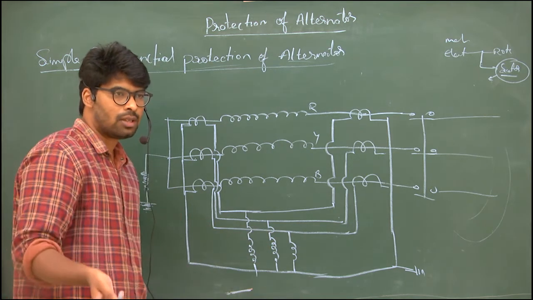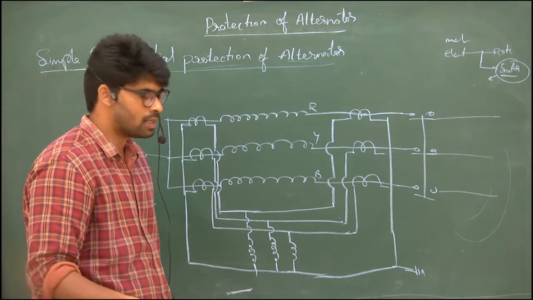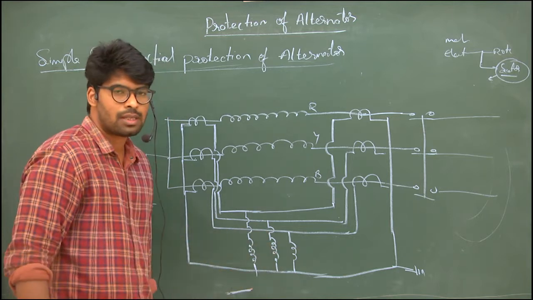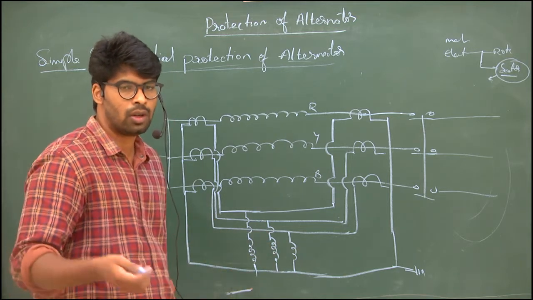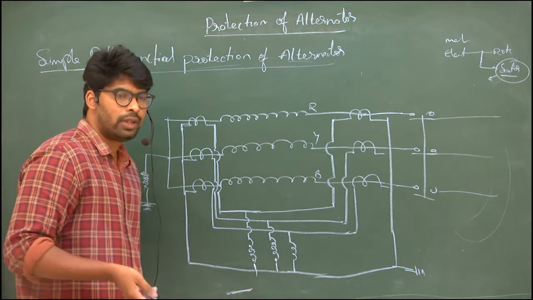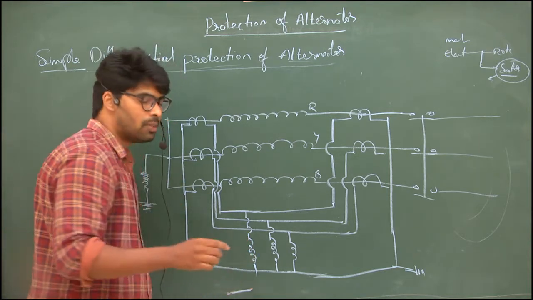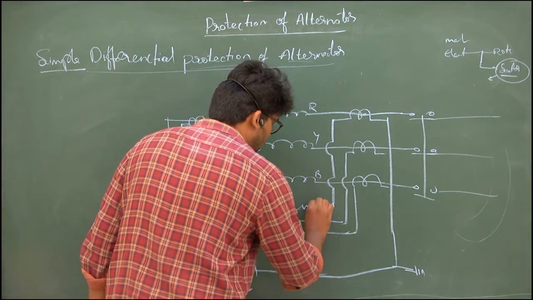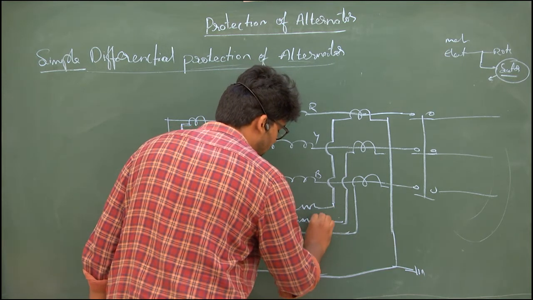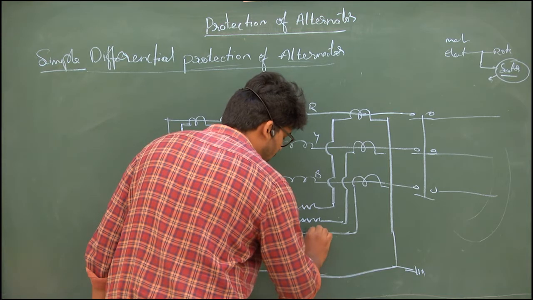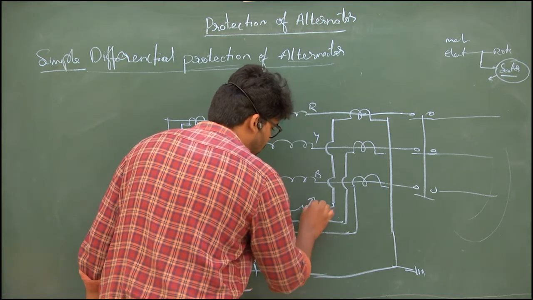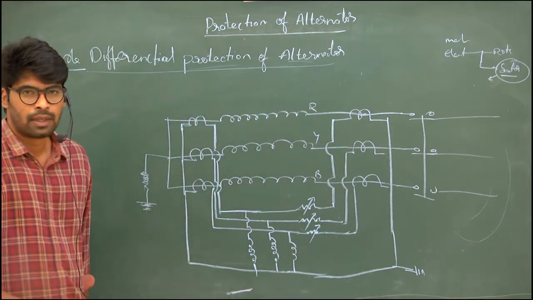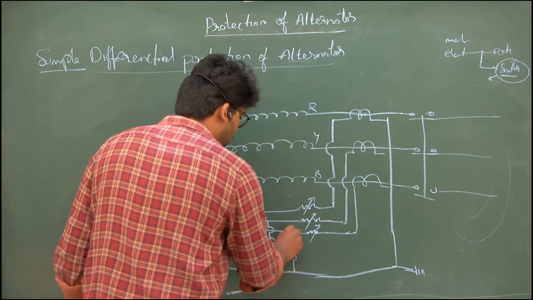But in the protection of transformers and transmission lines there will be a huge impact on keeping the equilibrium position, because they are operated over 100 to 200 kilometers. Here there is less possibility of that, but everything is not in an ideal position. So we keep the equilibrium resistance to maintain equal potential across this coil and this coil. Now we'll go to the actual operation.